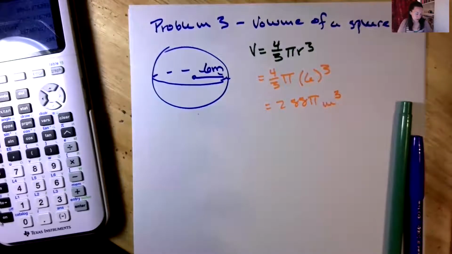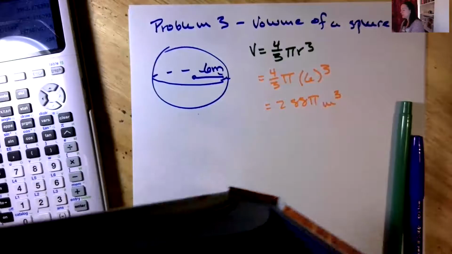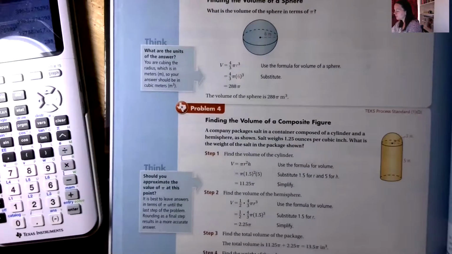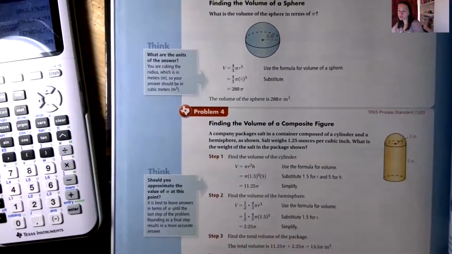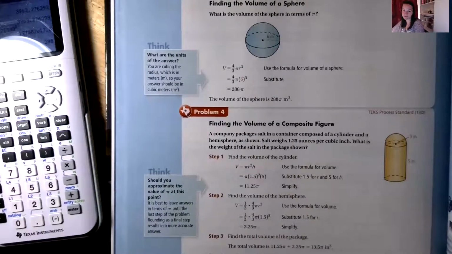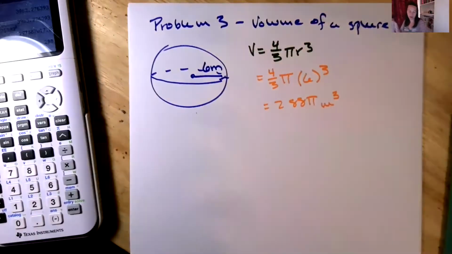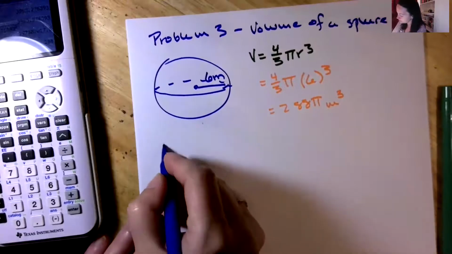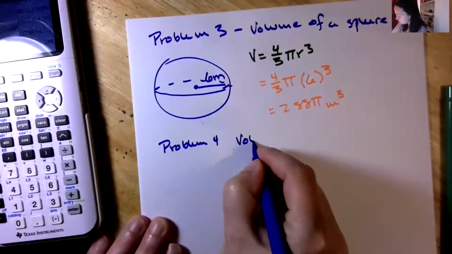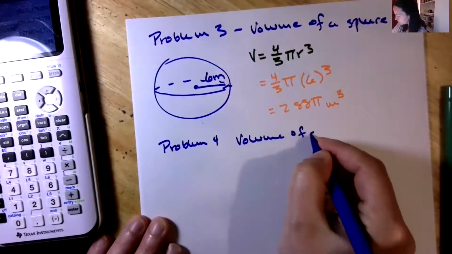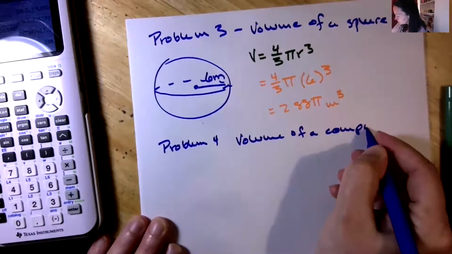Okay, find the volume of a composite figure. Let's take a look at this one. So we're going to find the volume of this composite figure, which is a combination of a cylinder and a hemisphere. Half of a sphere is called a hemisphere. So let us sketch that and then calculate it.